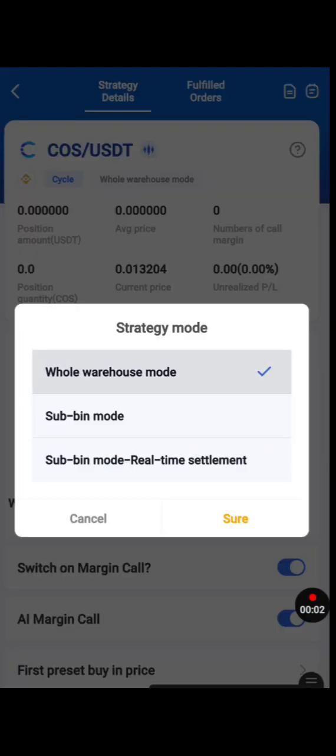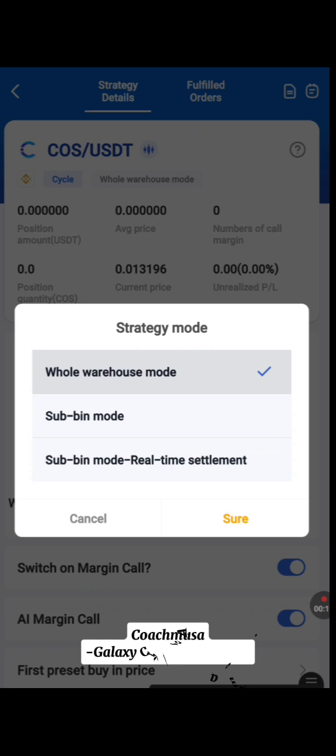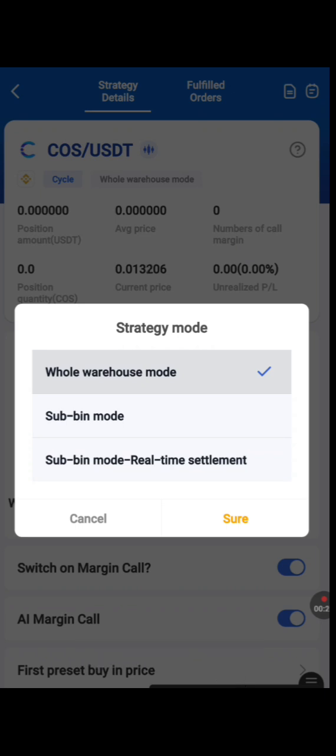Now, what you need to note about whole warehouse mode is as below. Number 1, when you set your strategy mode on whole warehouse mode and the robot buys more than 4 margin calls, from the 5th call onwards you can no longer change it to any of these 2 strategy modes.